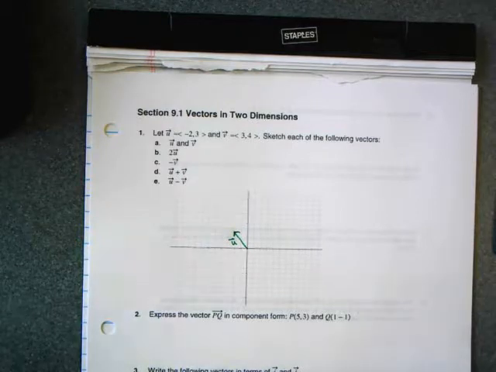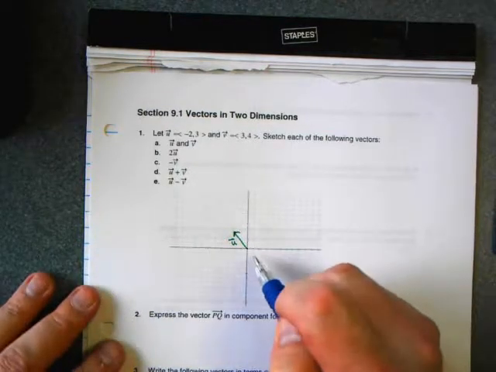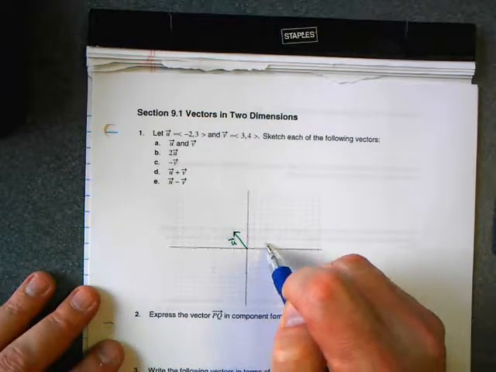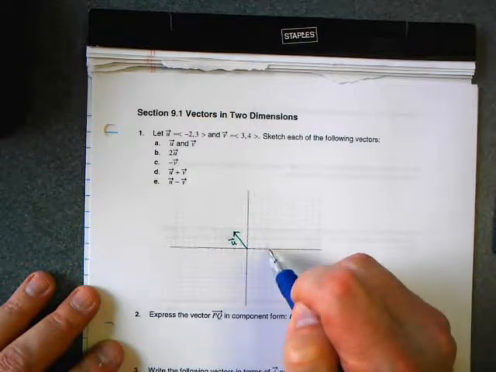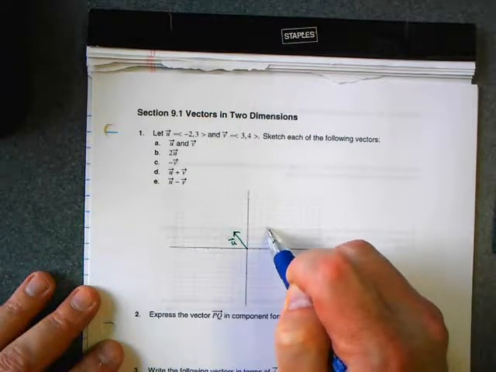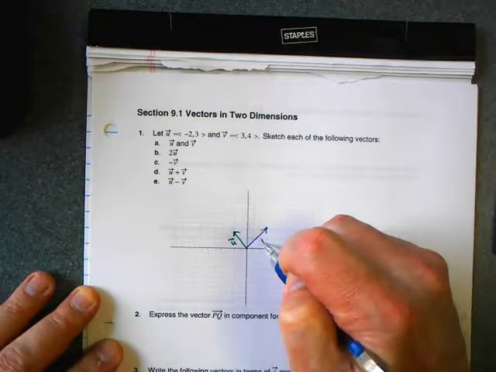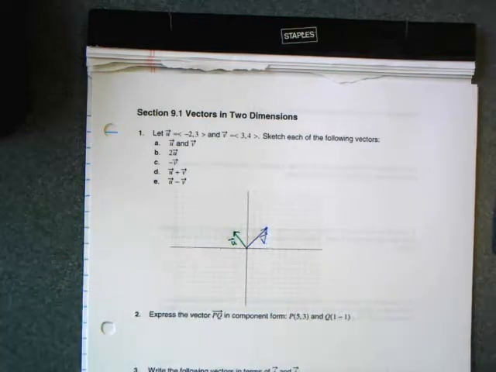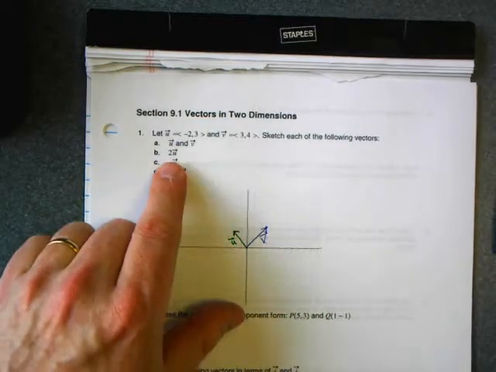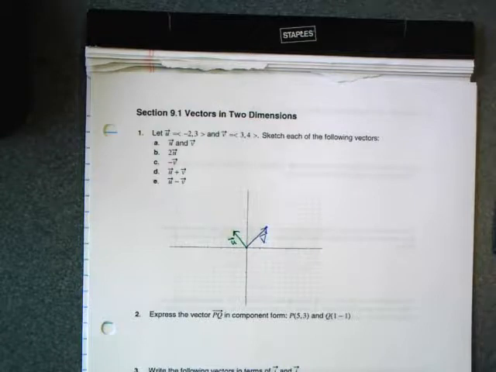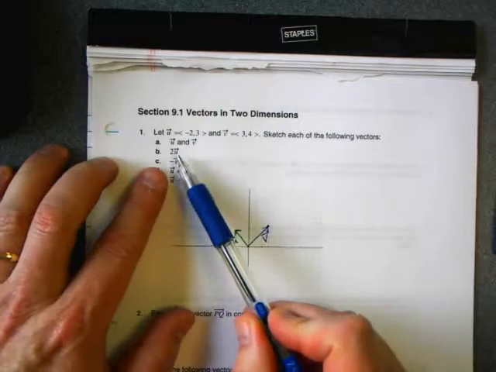And where's vector v? 3, 4, so 1, 2, 3, 1, 2, 3. Lost my count on the way up. 1, 2, 3, right there. So there's vector v. Okay. How about 2u? Well, it's a multiple of 2.